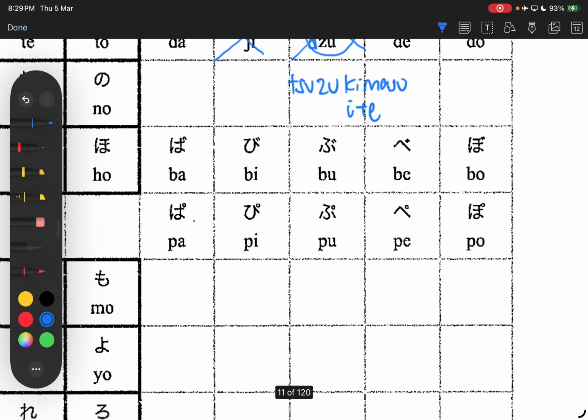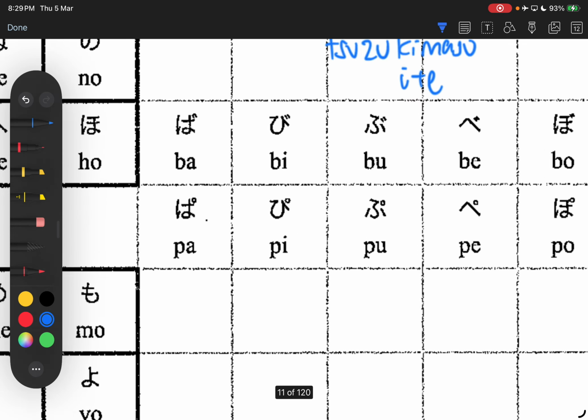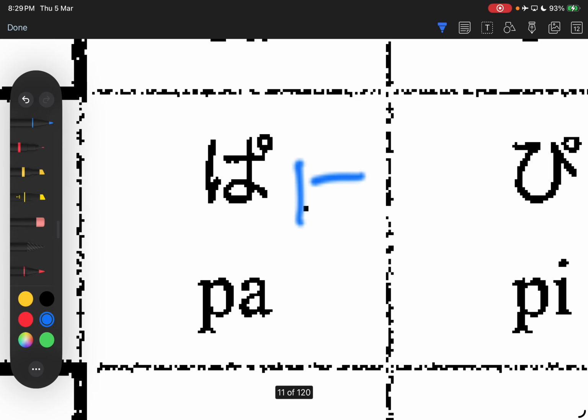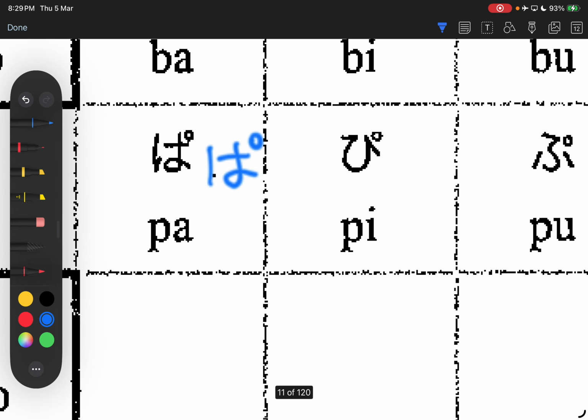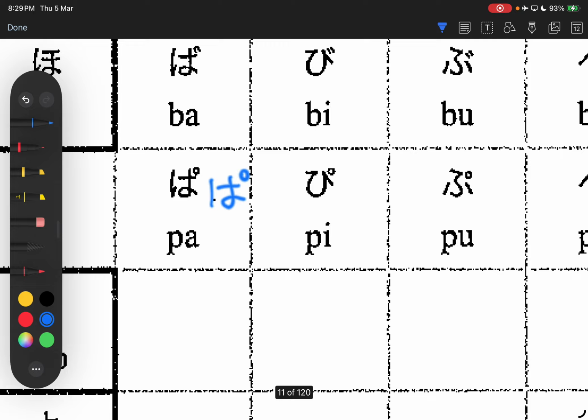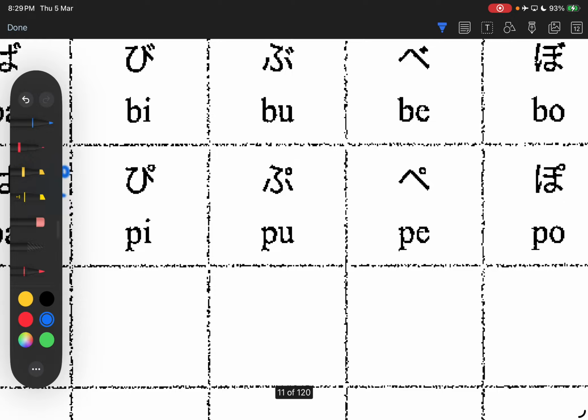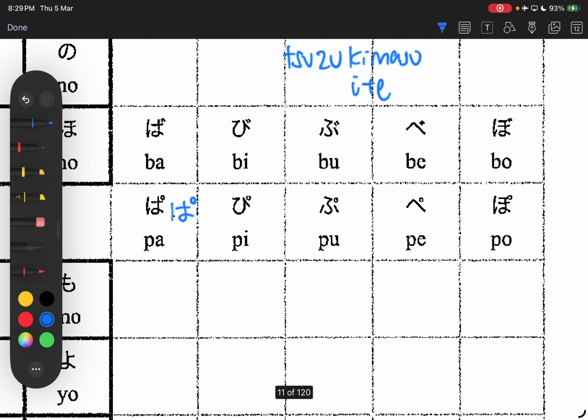Then when we change the two dots into a circle, we just need to write it with a circle. It becomes pa, pi, pu, pe, po. Right? So pa, pi, pu, pe, po.